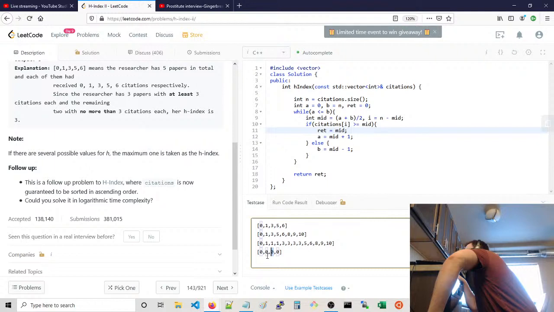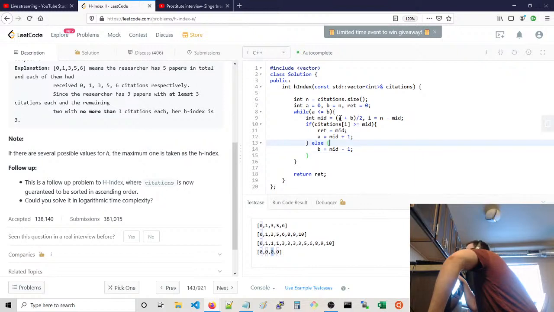So it should be 0, 1, 2. And so this is the first spot we look at. And we say that's false, right? So we set B equal to mid minus 1. So I don't touch A, but we shift B. So mid is 2, B is now going to be 1.